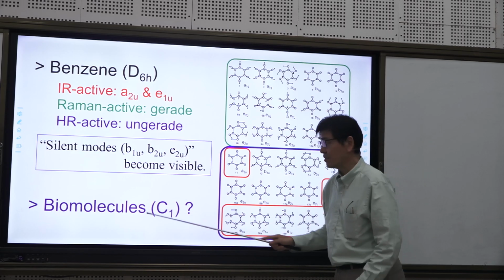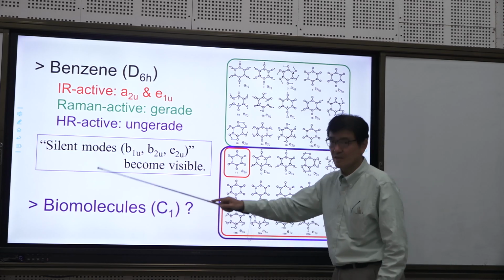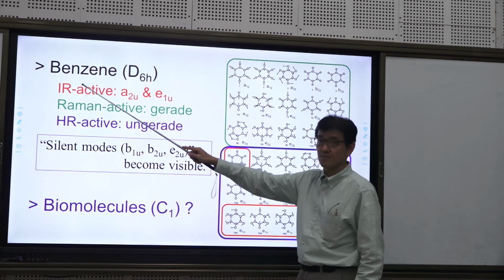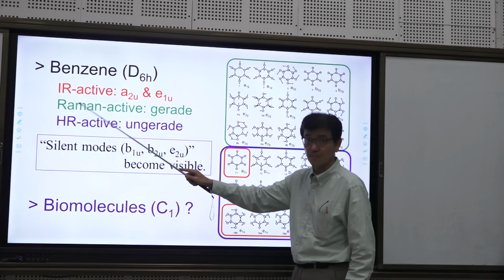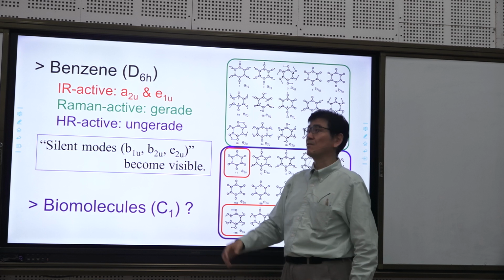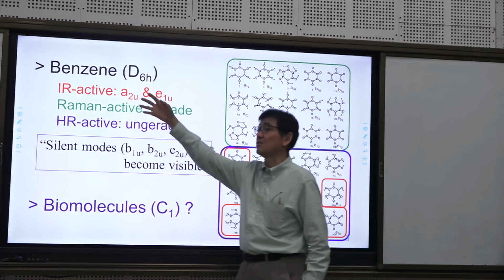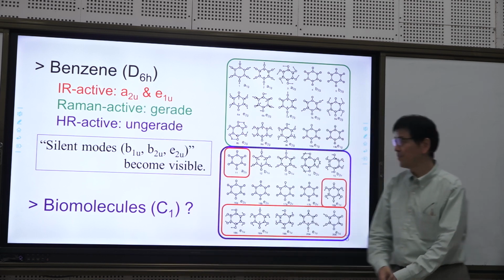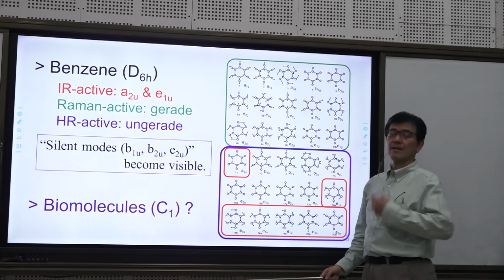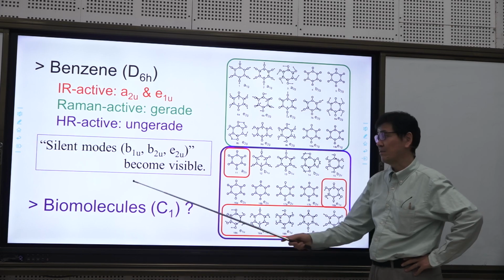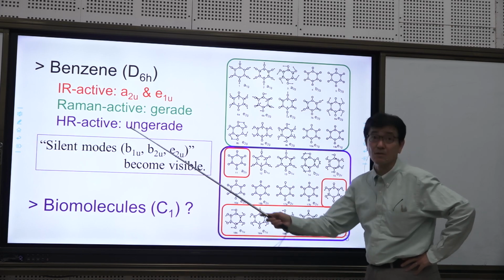Because in the case of C1, all the vibration modes are IR active. All the vibration modes are Raman active. So probably we can detect all the vibration modes using these two. But anyway, I want to know if I can get new information about biomolecules using hyper-Raman spectroscopy.